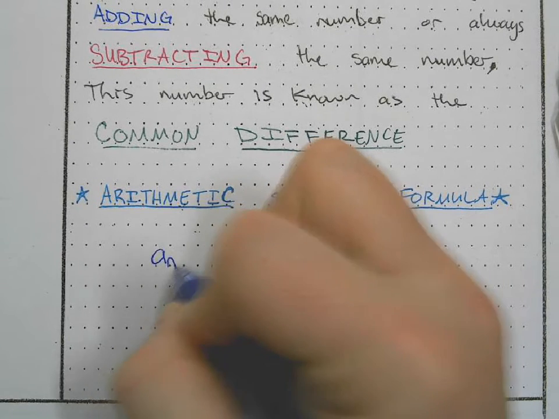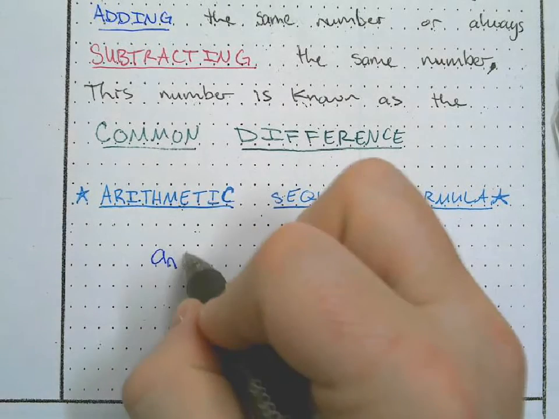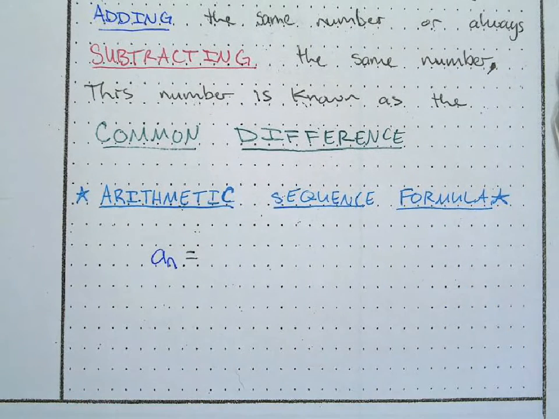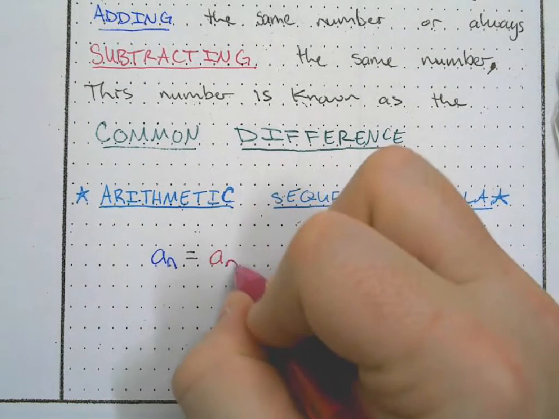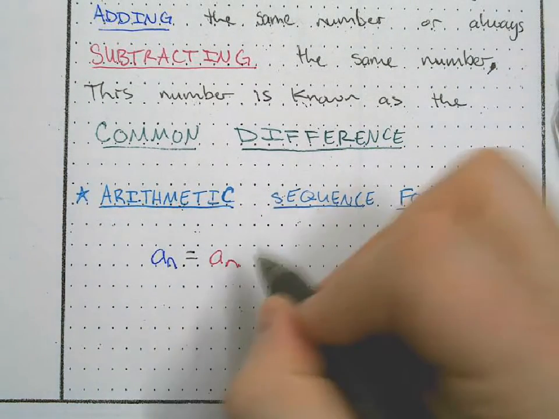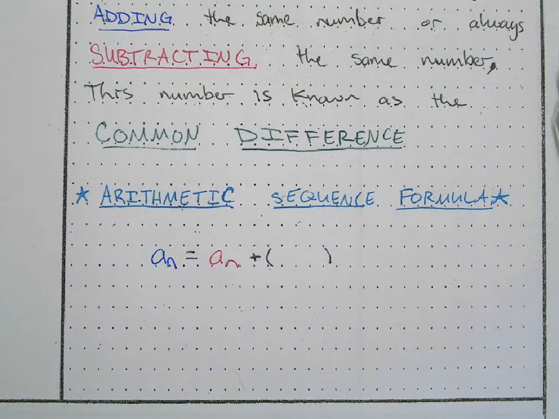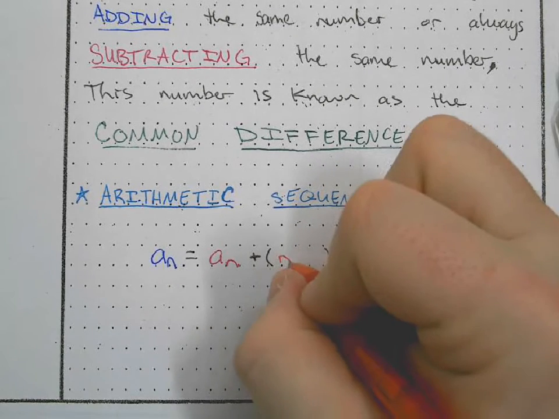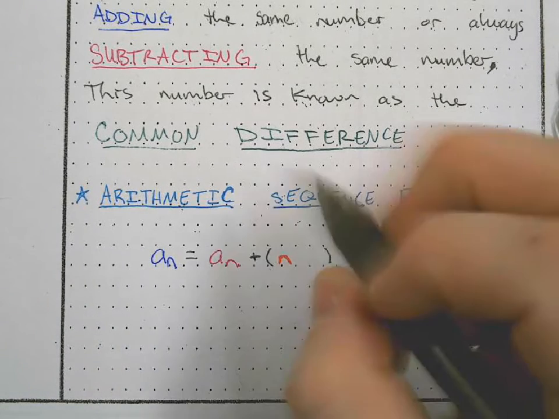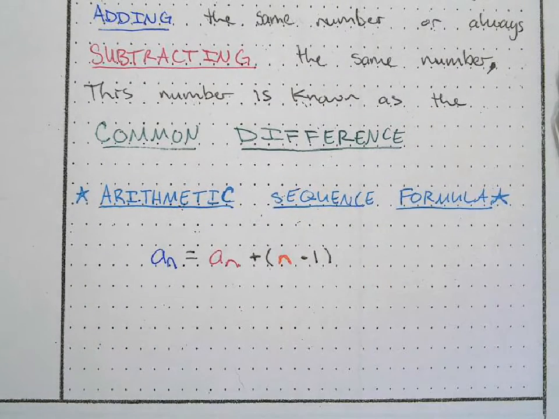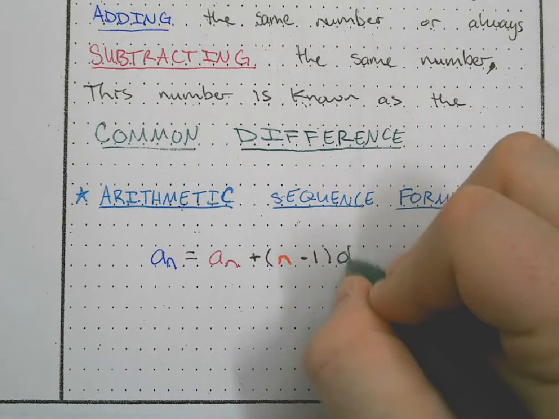A sub n is equal to a sub 1 plus n minus 1 times our common difference, d.